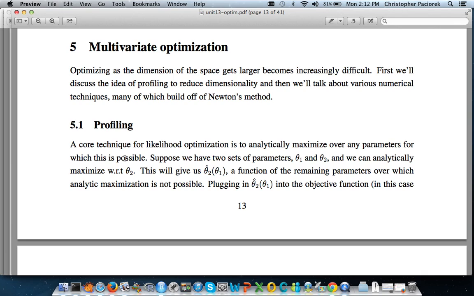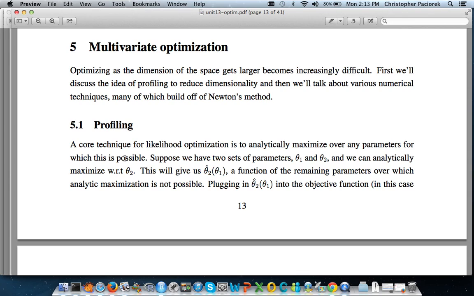That would be an analytical optimization, and we wouldn't be doing all of this numerical stuff. The problem is that many times, we can take that derivative, but we can't then set that equal to 0 and solve in closed form mathematically for the parameter or parameters of interest.